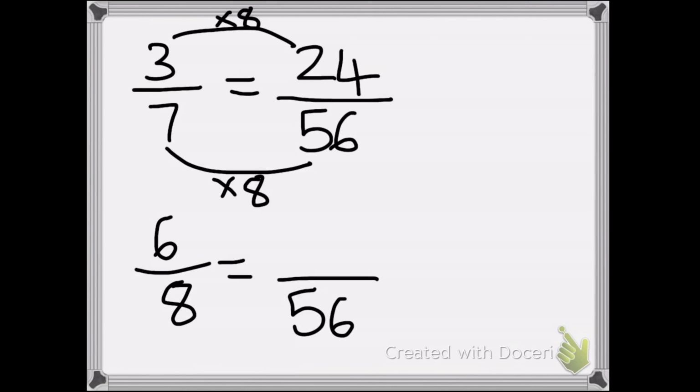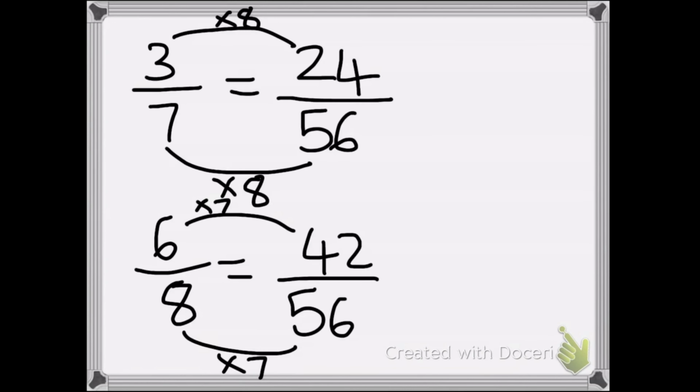So we do times 8 for both the numerator and the denominator. 8 times 3 is 24. So we got the equivalent fraction of 3 by 7 as 24 by 56. Now, what's 56 divided by 8? That is 7. So let's do the same thing to the numerator. 7 times 6 is 42. So that will be the new fraction.